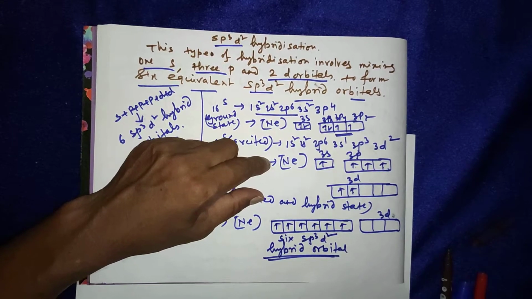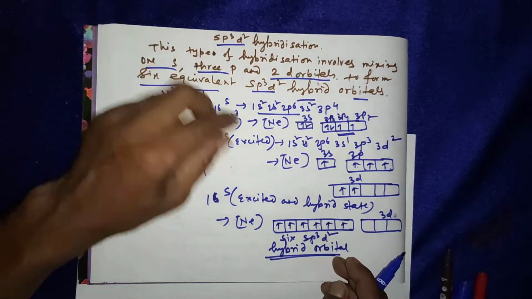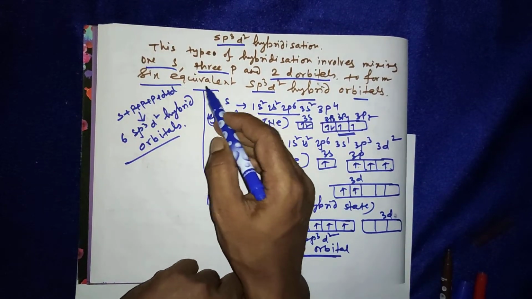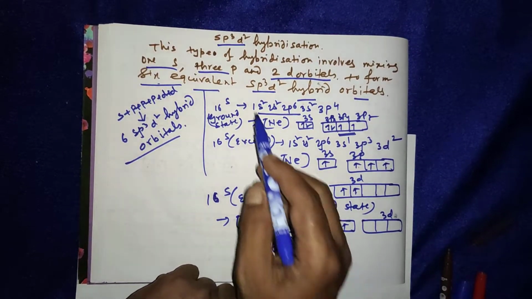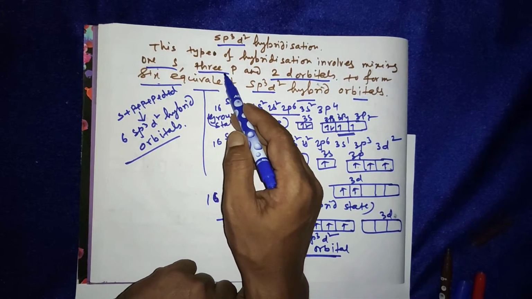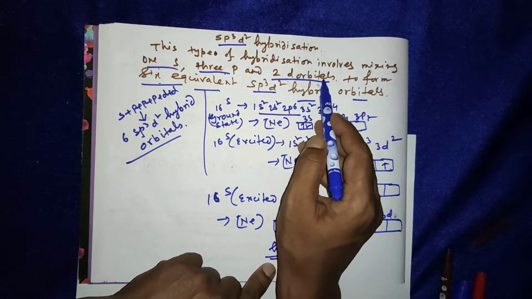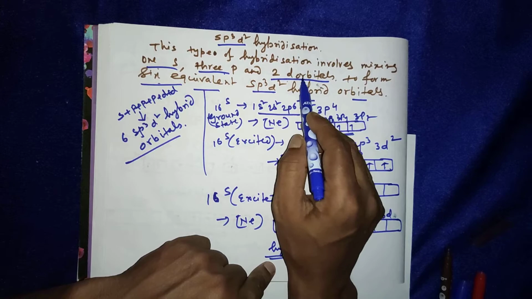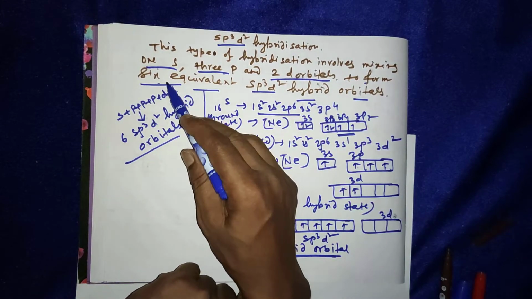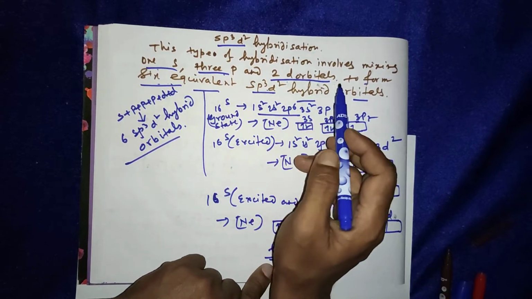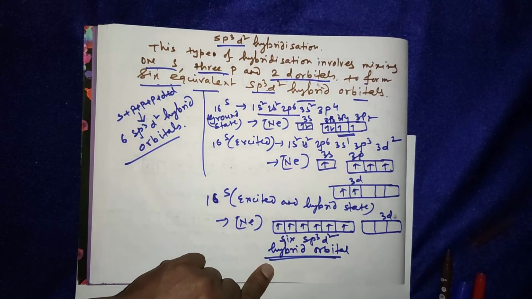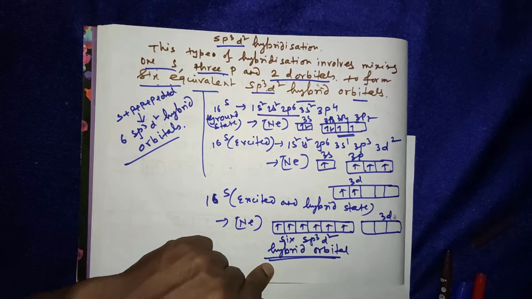Okay, hybrid orbitals. So you can say that these are the 6 equivalent hybrid orbitals. Okay, so 1 s, 3 p and 2 d orbitals combined to form 6 equivalent sp3d2 hybrid orbitals with same energy.